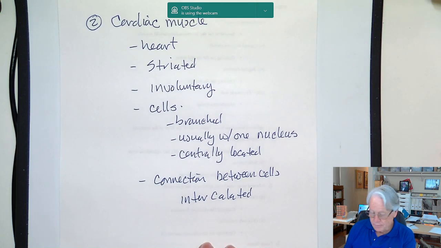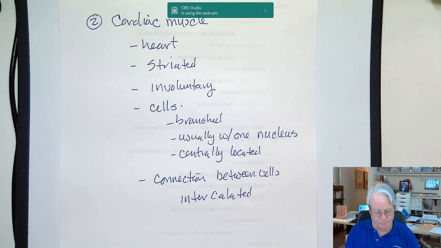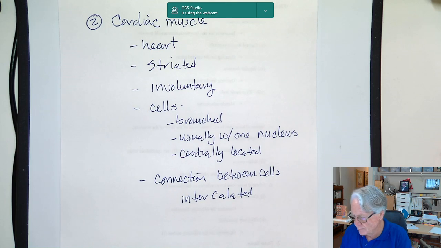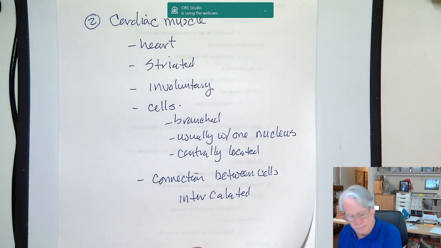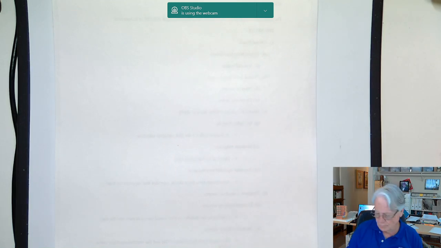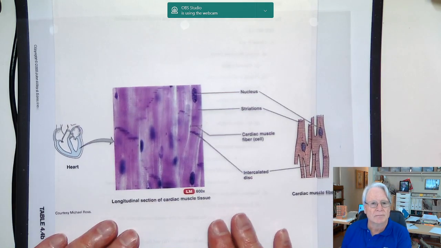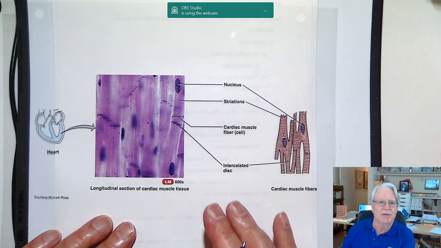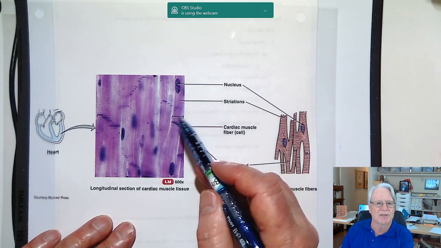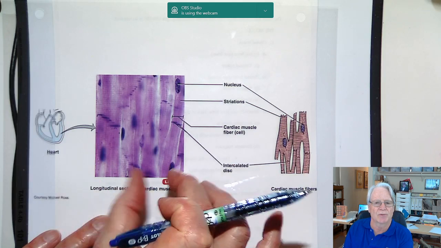All right, so let's take a look at a picture. The branching is not so easily seen because the cells are all kind of squished together.